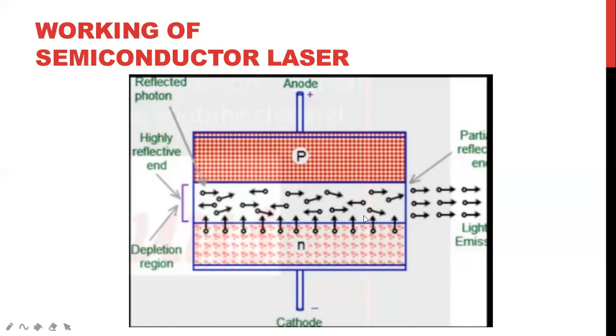Now as the photons are entering into this region, this is the active region. We call this region the active region because most of the lasing action, that is the creation of photons, will occur in this region.